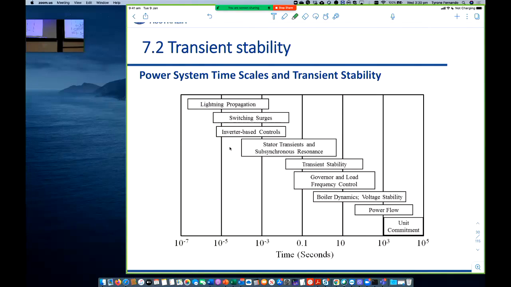Economic dispatch and unit commitment, you commit a particular unit, and it is linked to economic dispatch. You tell a particular generator, this is how much you need to supply. So these are the time scales for those different events.